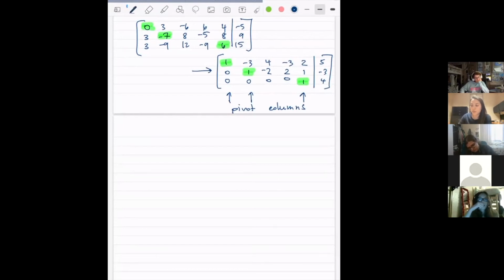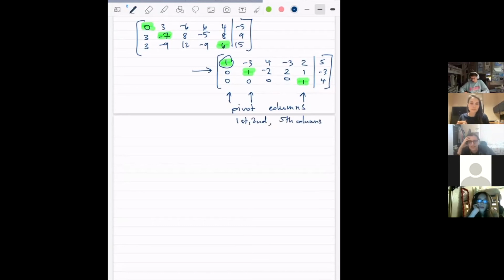So we might have a 1 here, like in this particular spot, or it could be a 2, and it would still be a pivot, right? So it's really about the position and it being non-zero. And it's not so much about what number it actually is. Does that make sense? Okay, cool. So our pivot columns are the first, second, and fifth columns.